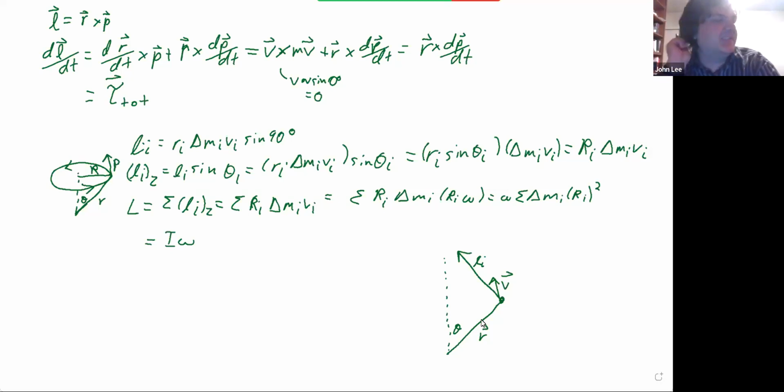Then the velocity of the particle is always going to be perpendicular to the radius, as you can see in this diagram on the bottom right-hand corner. So if that's the case, then Li is going to come out to be perpendicular to both of these.